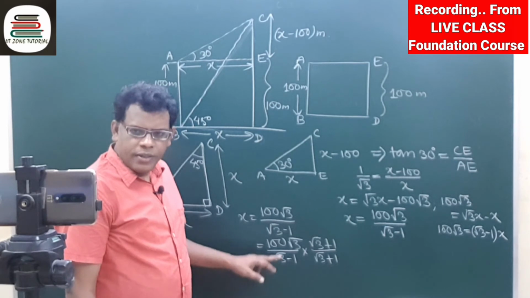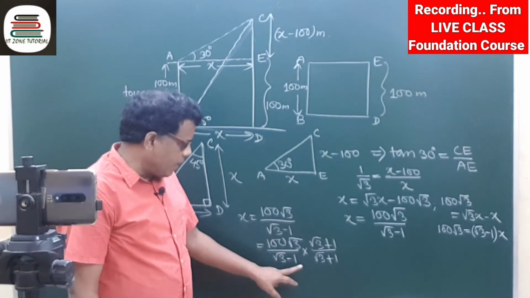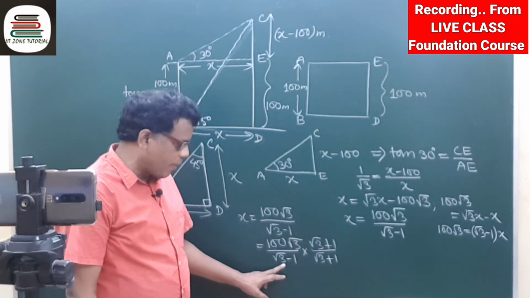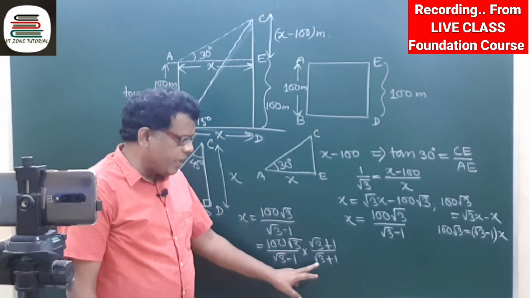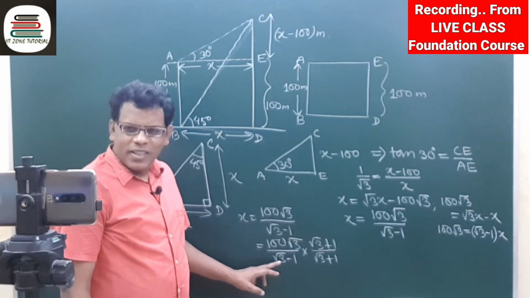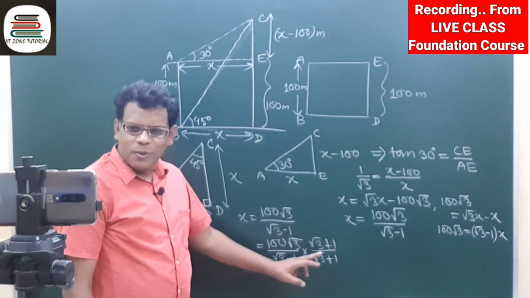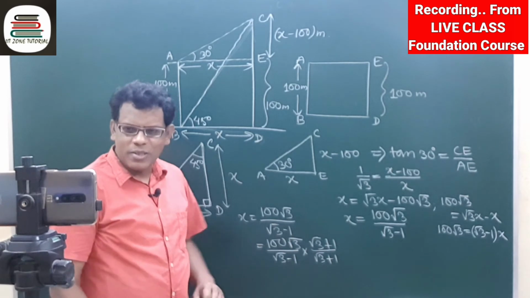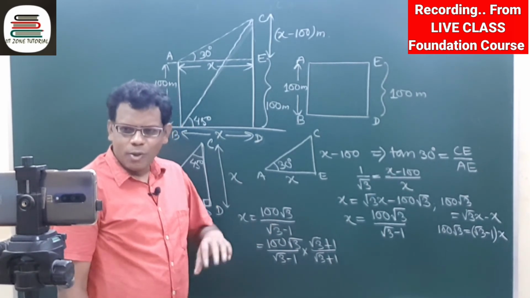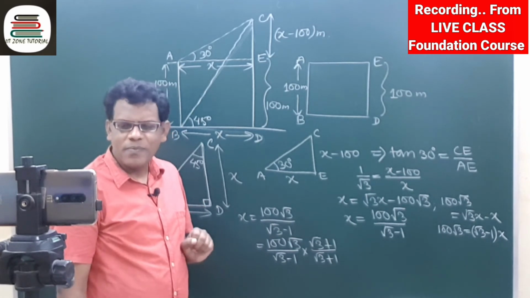To remove the root 3 part, if I multiply it with root 3 plus 1, then I can bring a format of a minus b into a plus b, so that a square minus b square can be written for the denominator to remove the root term, right?